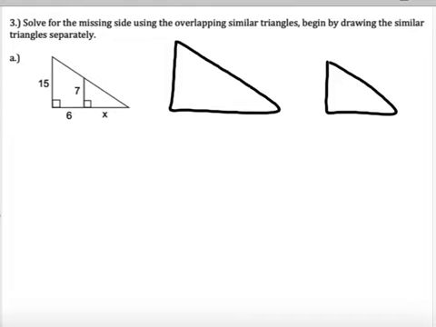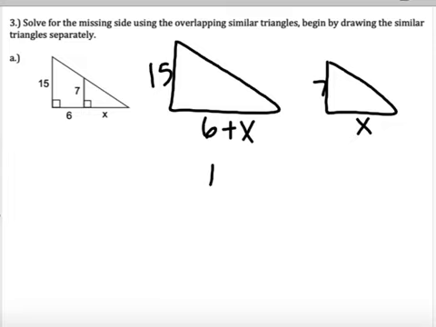So the large triangle has a length of 15 here on the edge, and this whole bottom piece here is 6 plus x, okay? And then the small triangle has a height here of 7, and its base is only x. Okay? So we're going to draw two triangles separately. Now, the problem's just like what we have been doing. Set up cross products.